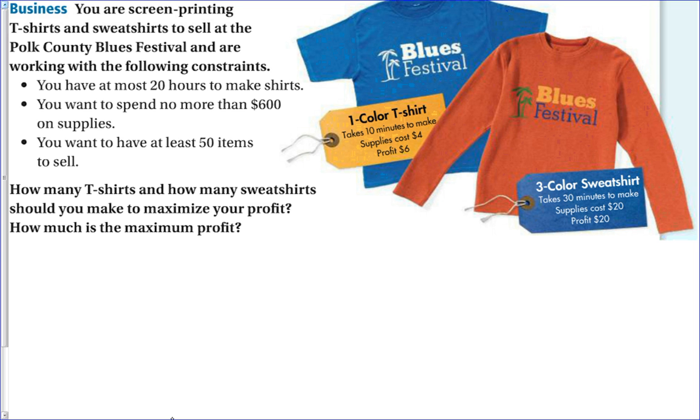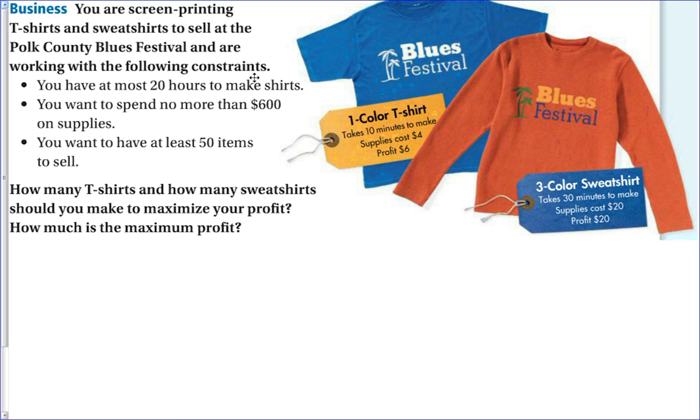All right, the first thing we need to do here is set up our constraints. Our constraints are simply going to be a system of inequalities. So let's set up the first one. We know we have 20 hours to make shirts. It takes 10 minutes to make a t-shirt and 30 minutes to make a sweatshirt.